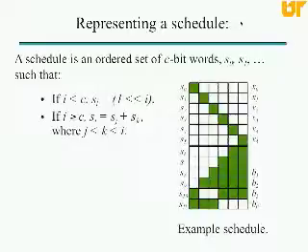The way I'm going to represent this, I'm going to call this a schedule. I'm scheduling a matrix vector product. And the way I represent a schedule, and the way you'll see it throughout this talk, is in the following manner. I'm calling a schedule an ordered set of C-bit words where C is the number of columns in the matrix. This is a schedule for the smaller example that I had up there earlier.